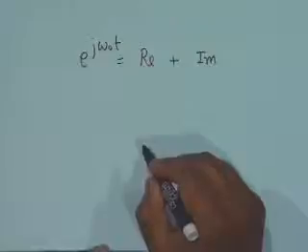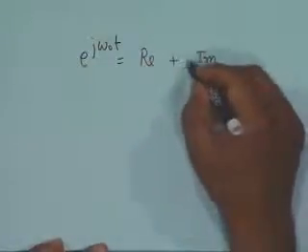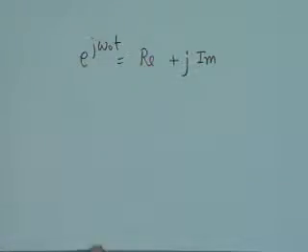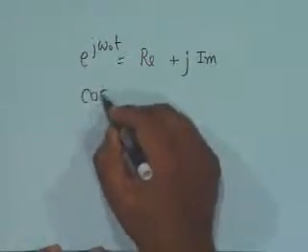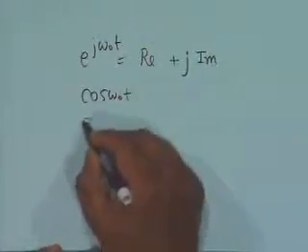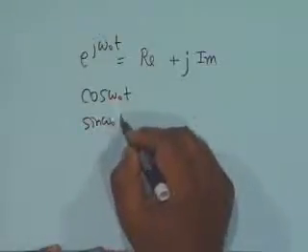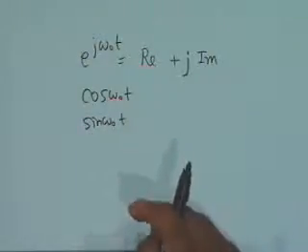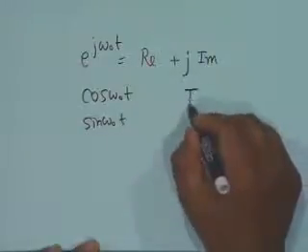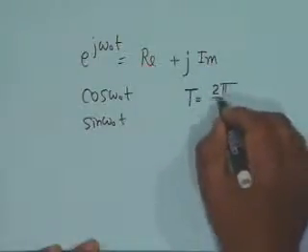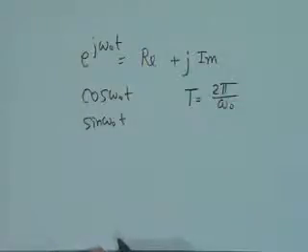Is that how you should write it? j times, that is correct. And therefore, cosine omega 0 t and sine omega 0 t both are periodic signals with a period capital T, which is equal to 2 pi over omega 0.